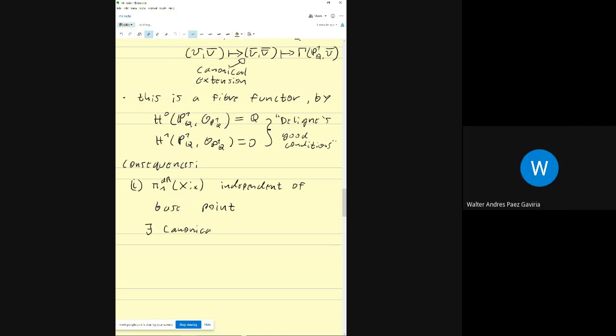I'm sorry, does it mean that for any fiber functor, the automorphism groups of all of them are isomorphic? Yes, exactly. Canonically isomorphic. They are always isomorphic, but not canonically.